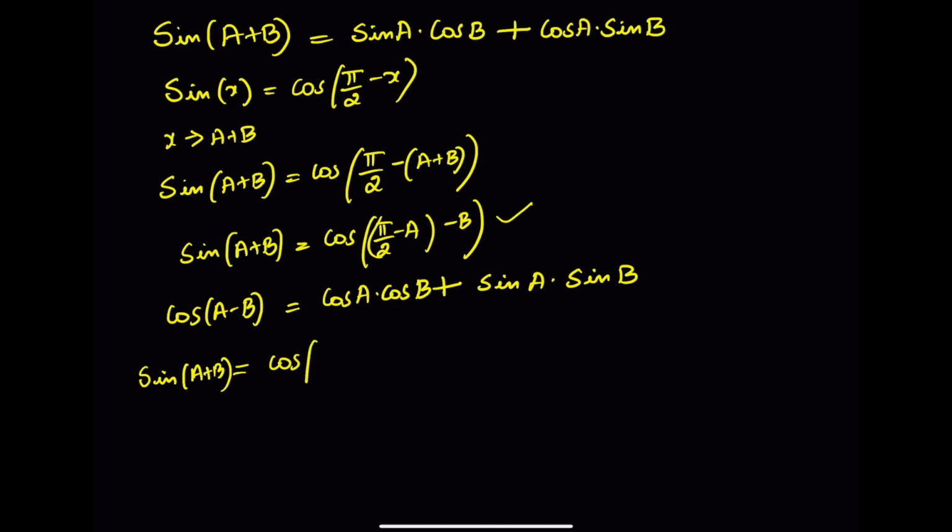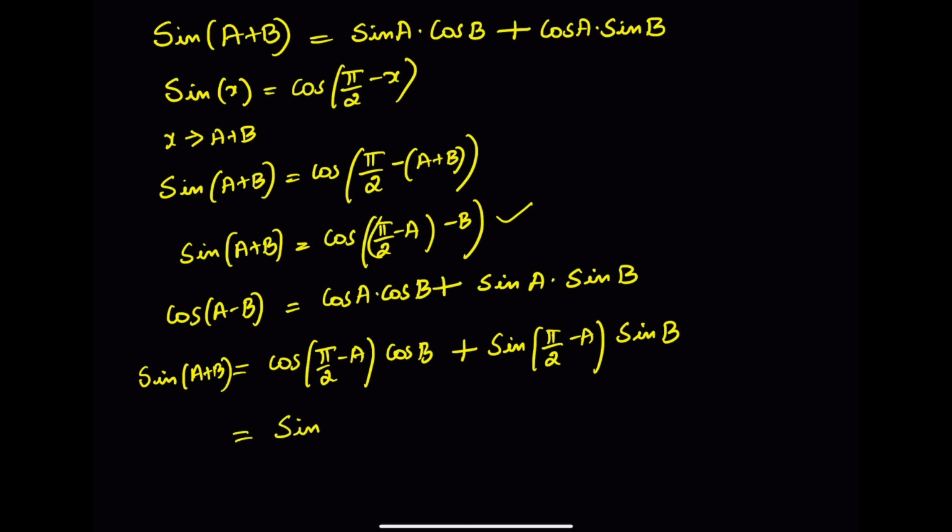This will be cos of pi by 2 minus A cos B plus sine of pi by 2 minus A sin B. So cos of pi by 2 minus A is sin A, and then cos B, plus sine of pi by 2 minus A is cos A sin B. So this is how we can prove the sum formula of sine function.